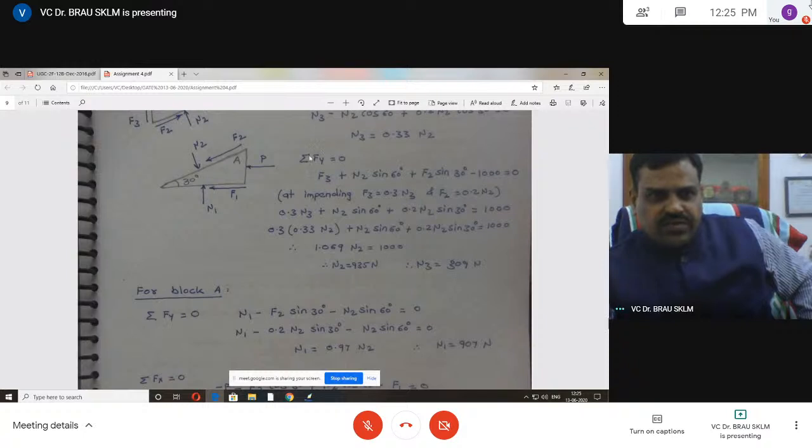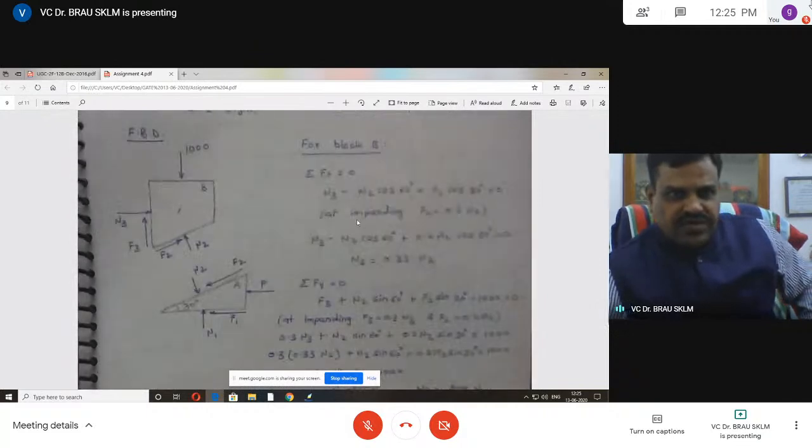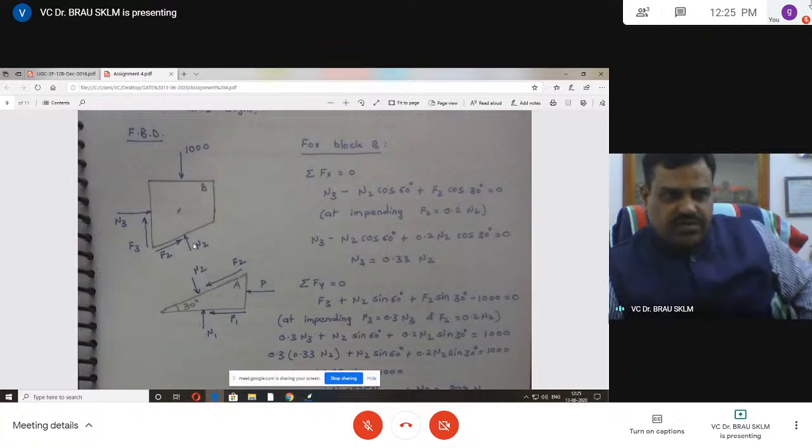Similarly, this is the case, not block A, block B, this equation. This is block B, this is Fx and this is Fy. Fx is N3. This is one component. That's all. In y, 1, 2. This is one component. And that means with respect to y, you will get 3 components.